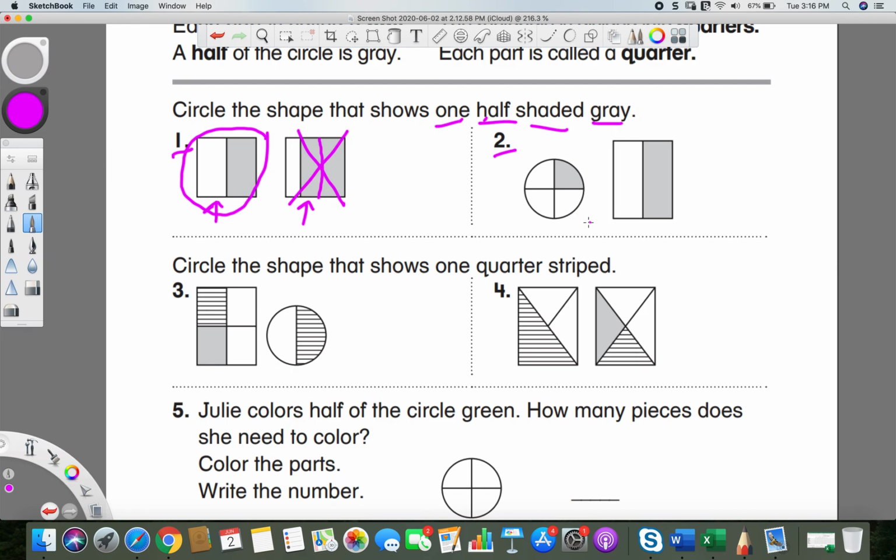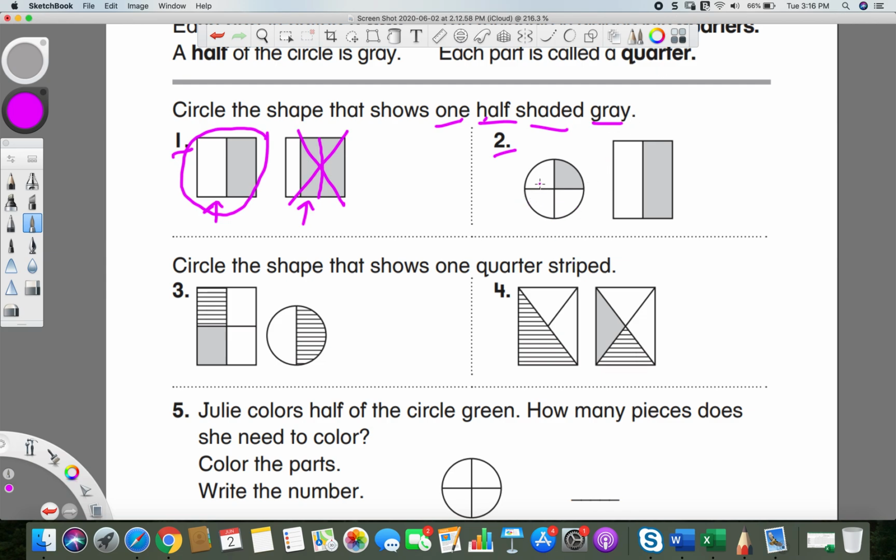Which one of these 2 shapes shows only half shaded gray? I'll give you guys a couple seconds to pick your answer. All right, I think that should have been enough time. Let's look at them.